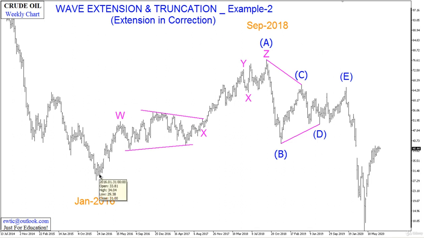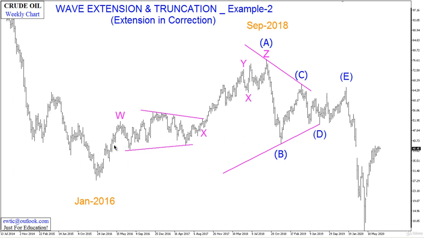This is a clear triangle here in front of you on price chart of crude oil, right? We can extend these lines, by the way, and you can see clearly that wave A of this triangle has clearly extended.